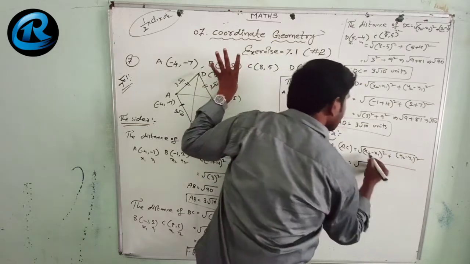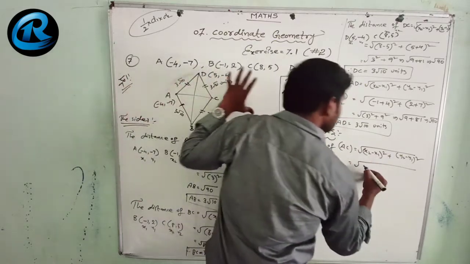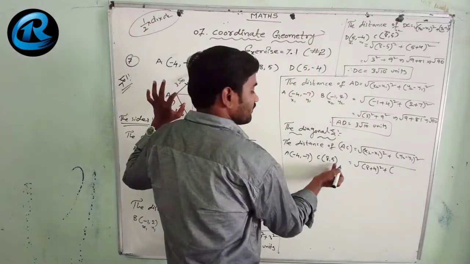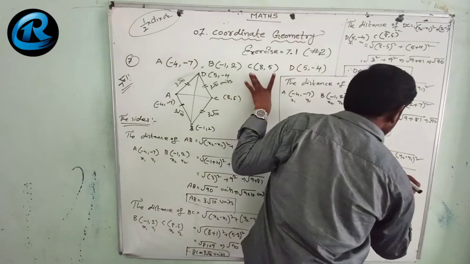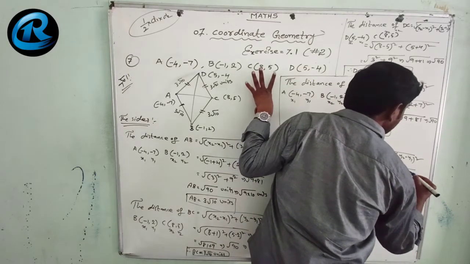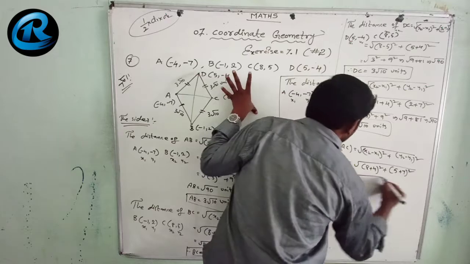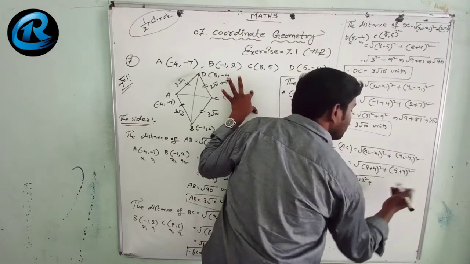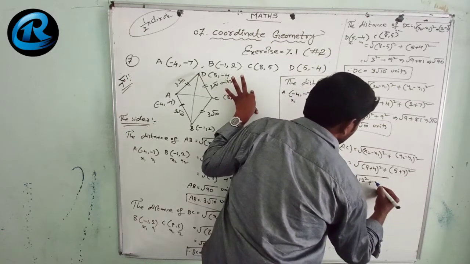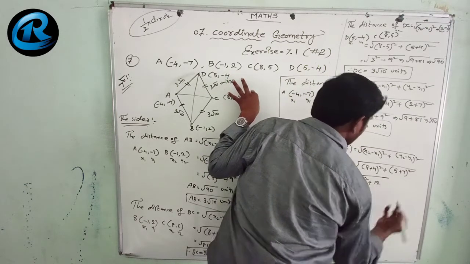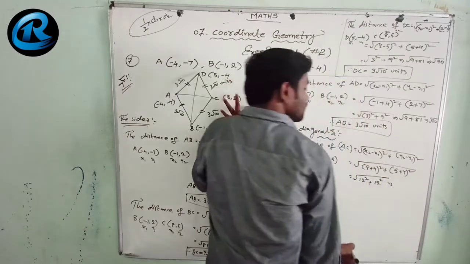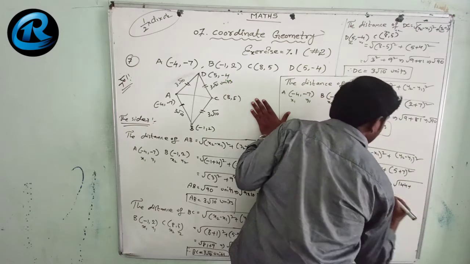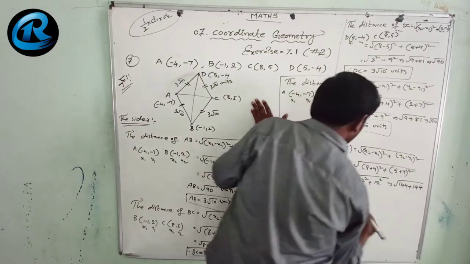That equals under root of x2 minus x1, 8 minus of minus 4 that is 8 plus 4 whole square, and y2 minus y1, 5 minus of minus 7 that is plus 7 whole square. 8 plus 4 is 12 square plus 5 plus 7 that is 12 again whole square. 12 square is 144 plus again 12 square that is 144.